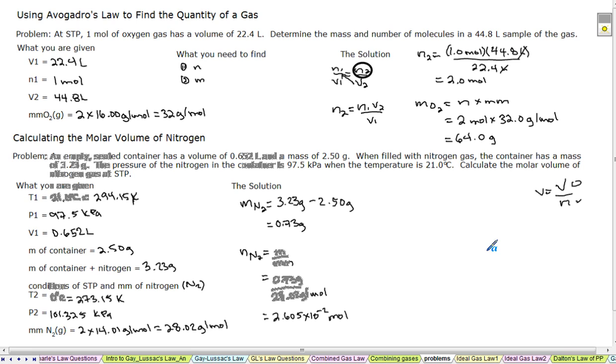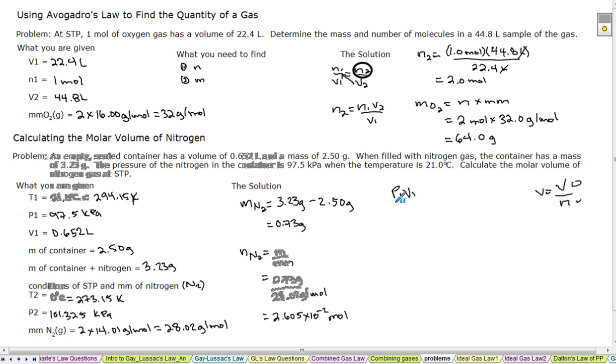Well, remember, we went from one situation where we had the gas in one situation, and then we transferred it to another. So this is a combined gas law question.